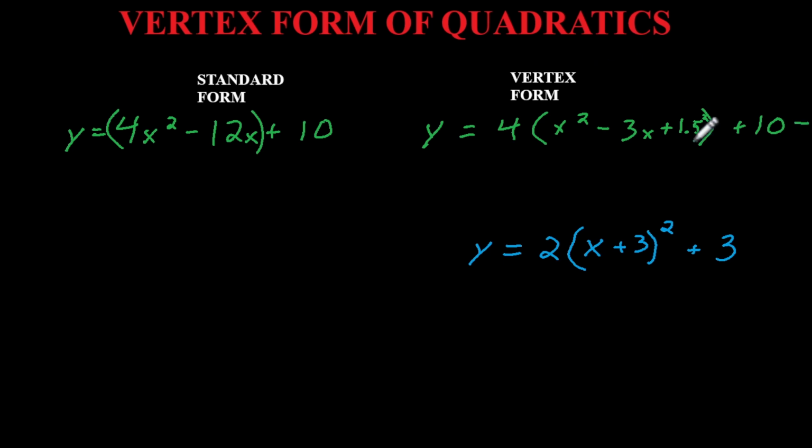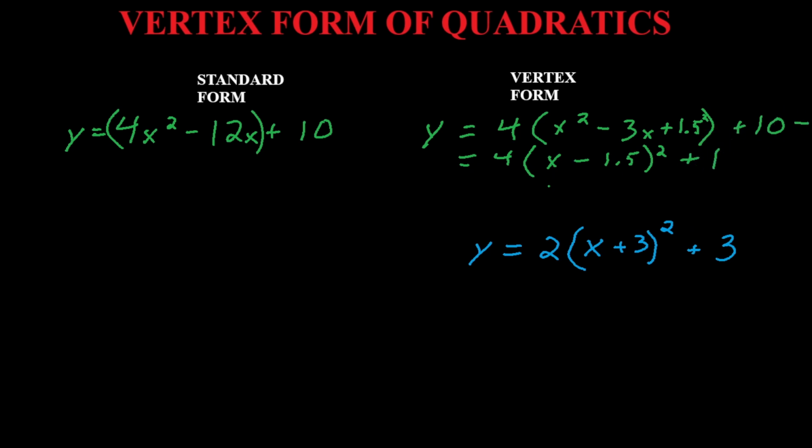Just as a reminder, I didn't only add 1.5 squared, which is 2.25 here. It's 4 times 2.25. Now simplifying for the first line, I bring down the 4. This is going to be x minus, this is a negative sign, so x minus 1.5 squared, and 10 minus 9 is 1.